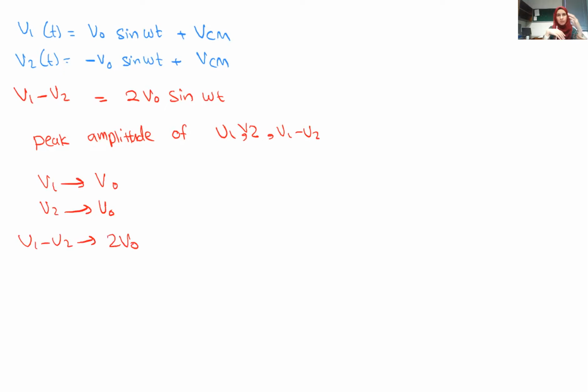So you can see that I have a wider range when I use a differential signal compared to those types of signals that we call single-ended signals. Each one of those, V1 and V2, is called a single-ended signal, while V1 minus V2 is a differential signal.